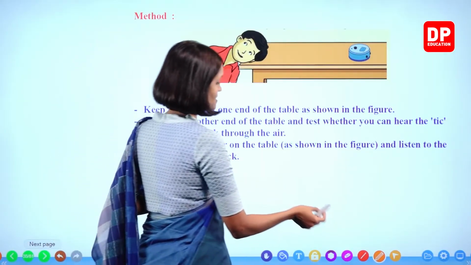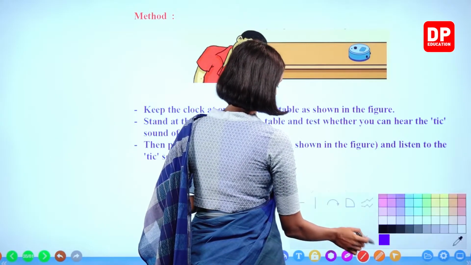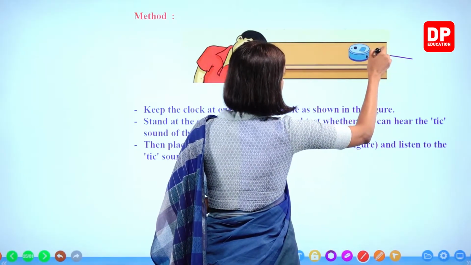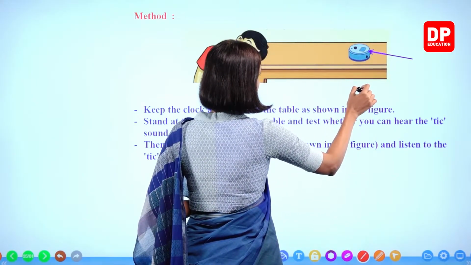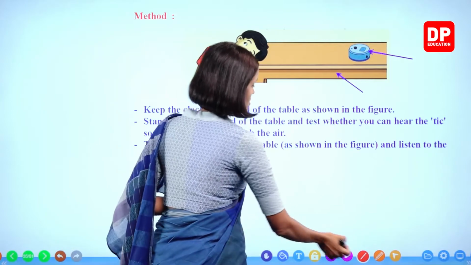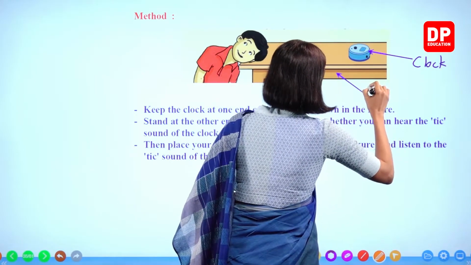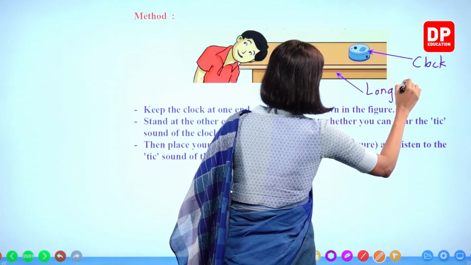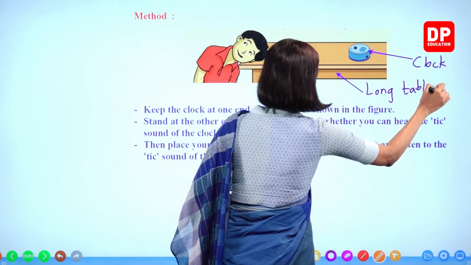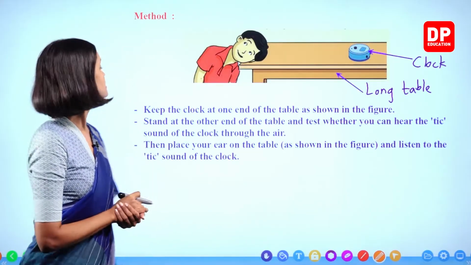We will label this. This is the small clock, the long table. Right?